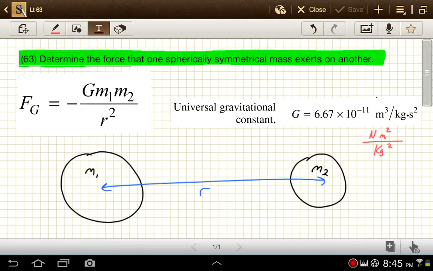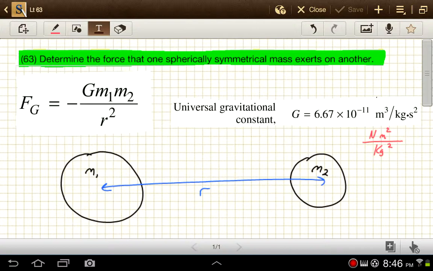Really, Newton's law of universal gravitation talks about the force of gravity that exists between two points, not two objects that take up space. But we find that if these objects are spherical, then the equation works out to be the same thing. So we're going to have the product of the two masses, m1 and m2. We'll divide that by r squared, where r is the distance between the centers of those two objects.